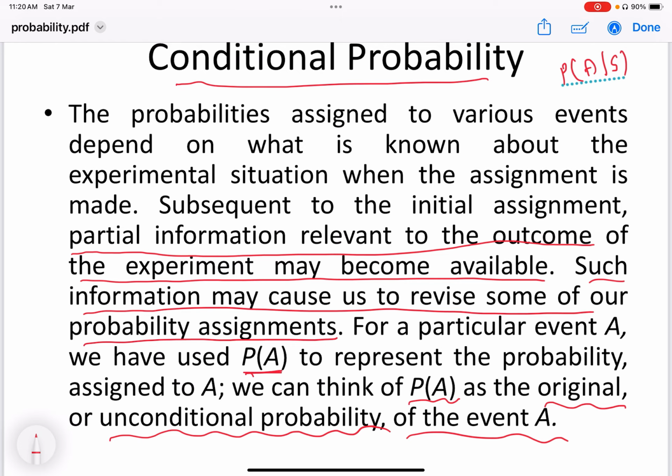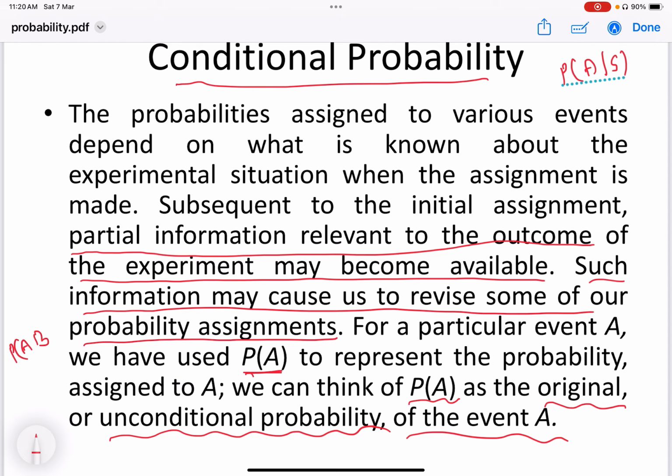Now, suppose some event B already occurred, and after the occurrence of the event B, we would like to find out the probability of, say, event A, like this, P of A. But then already B has occurred.